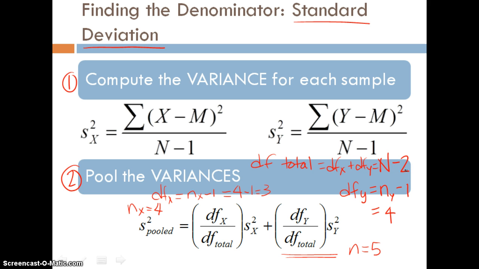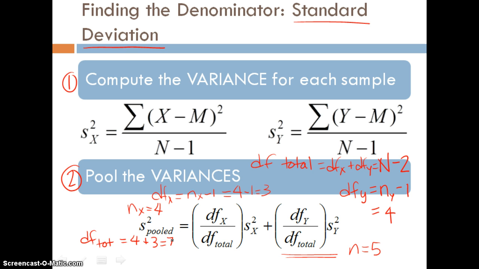So in our case here, we have a total degrees of freedom of 4 for degrees of freedom y plus 3 for degrees of freedom x, which gives us 7.